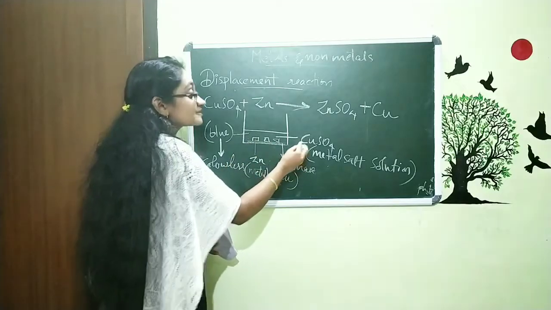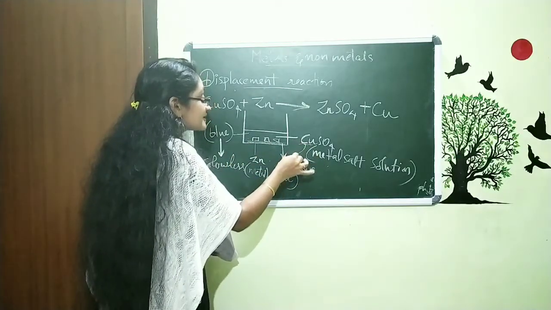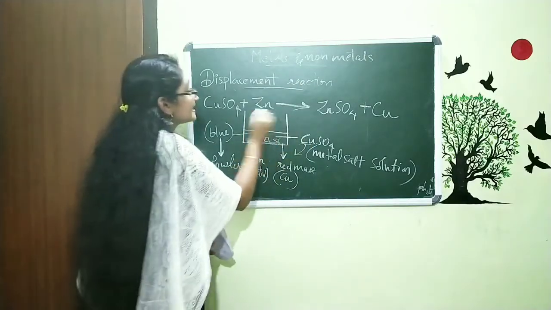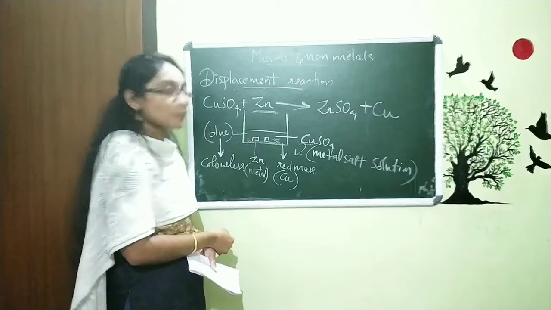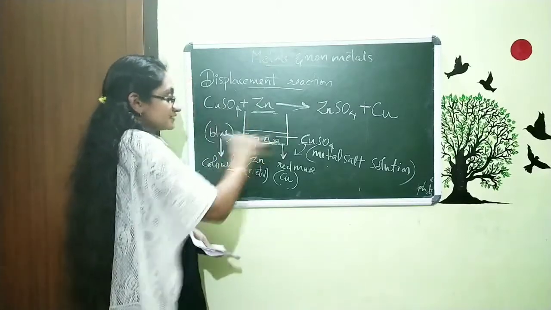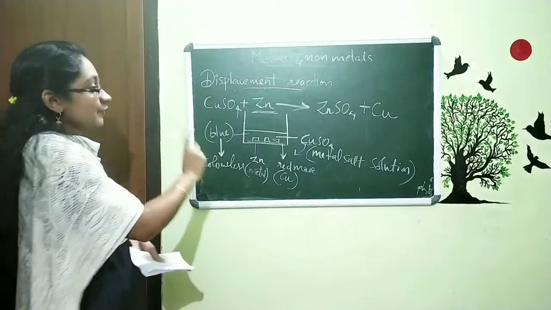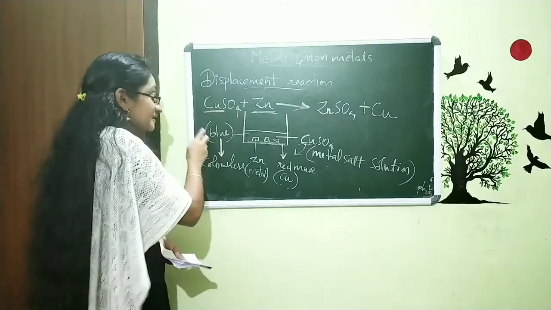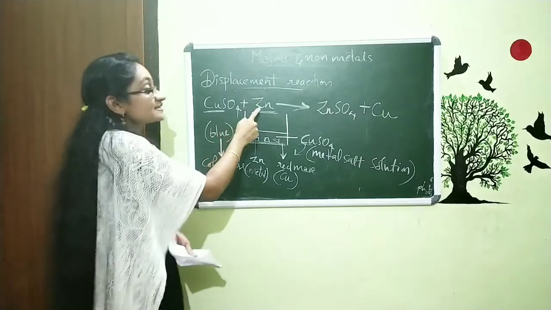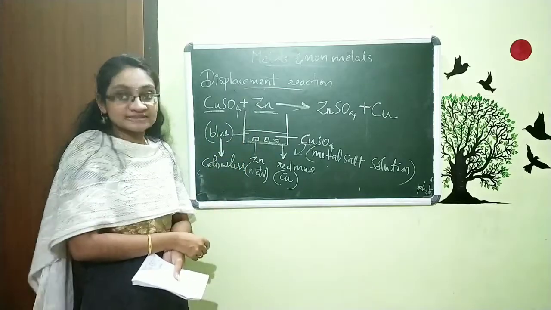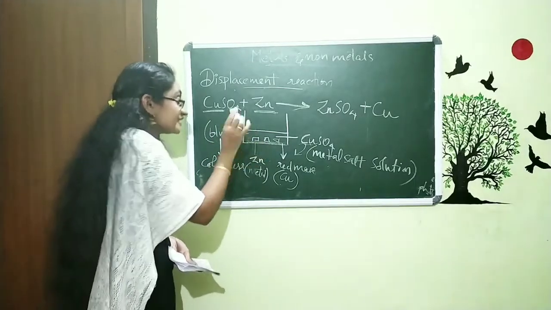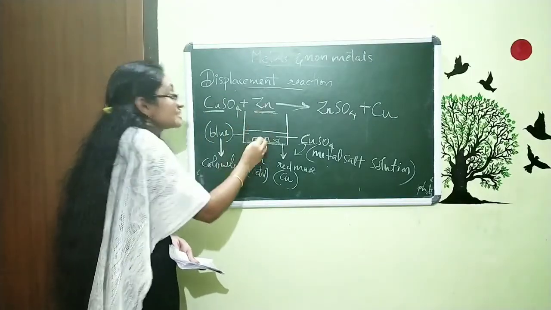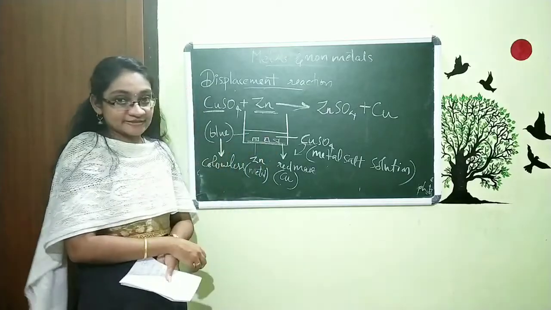That means here the copper of copper sulfate is getting displaced and the zinc is getting moved in. That means this zinc displaces the copper. When you observe this equation, you can see that at the initial stage, the zinc is in the solid state.